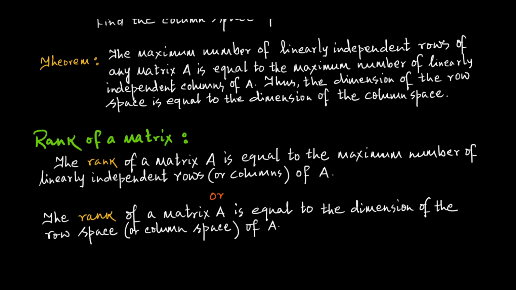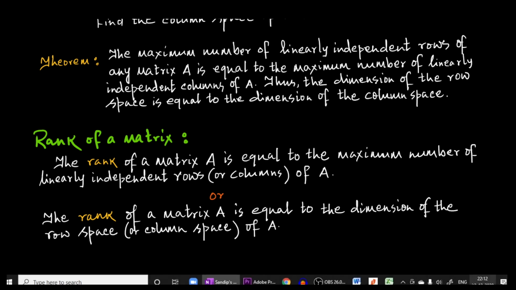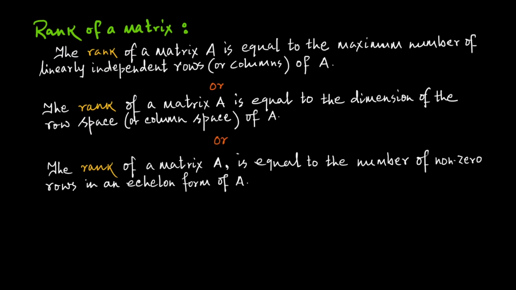Now, since the number of linearly independent rows of a matrix is equal to the number of non-zero rows in the echelon form of that matrix, an alternative definition of rank can be given as: the rank of a matrix A is equal to the number of non-zero rows in an echelon form of A. For example, whatever we have seen above, the rank of the matrix 2, 5, 3; 1, 1, 1; 5, 11, 7 is 2.